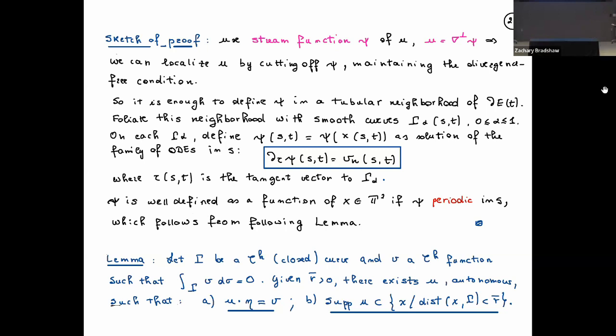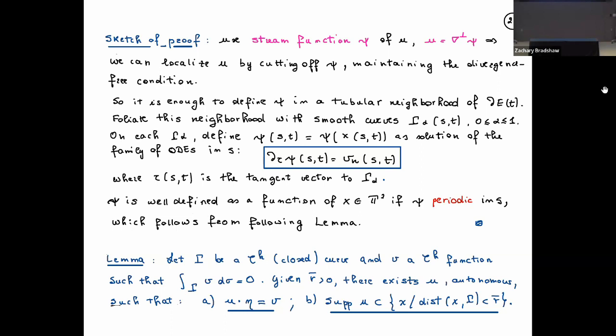So I will give you only the construction of the stream function in the tubular neighborhood of the boundary of the set. And we will foliate the neighborhood. Remember that except for a singularity, these are very smooth curves and sets. So first of all, the tubular neighborhood is well defined.